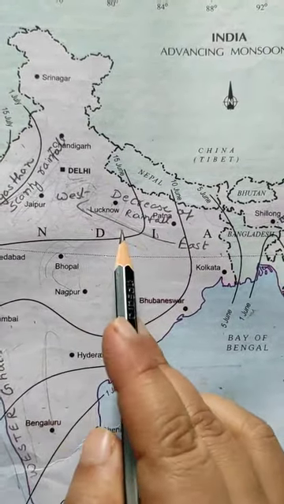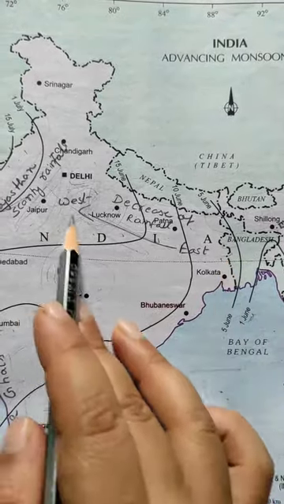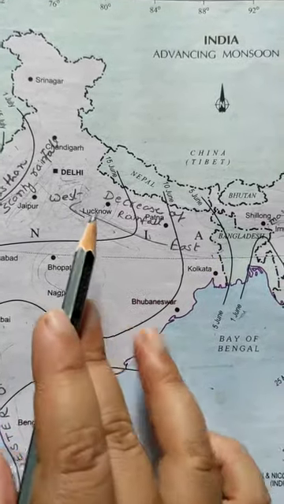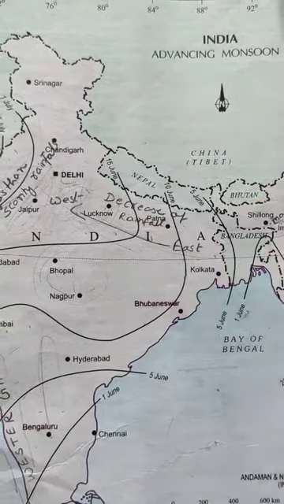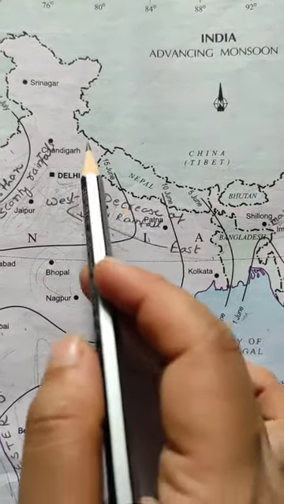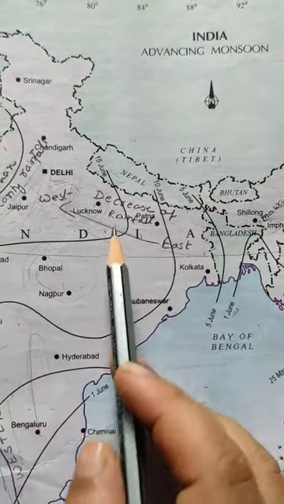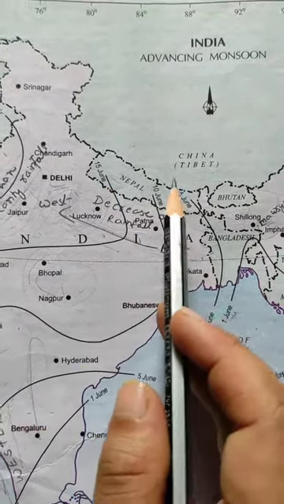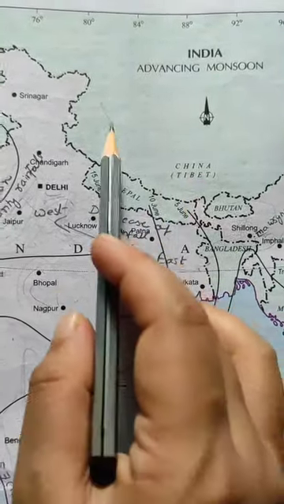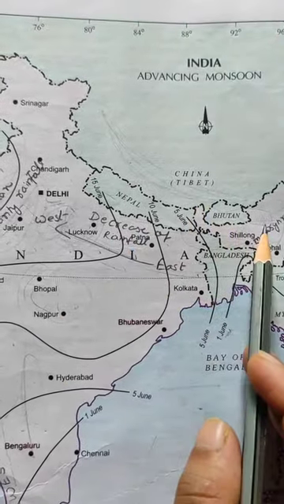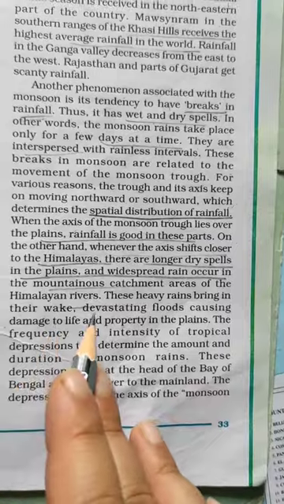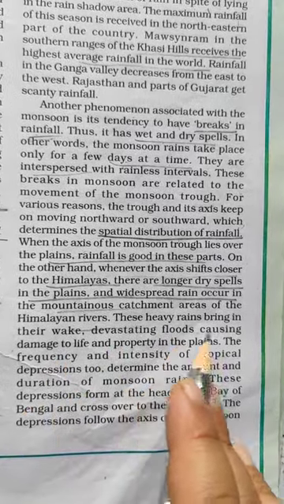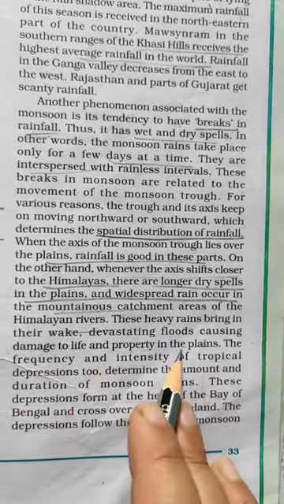On the other hand, whenever the monsoon trough shifts to the Himalayas, there are longer dry spells in the plain and widespread rain occurs in the mountainous area of the Himalayan rivers. These heavy rains bring in their wake devastating floods, causing damage to life and property in the plains.